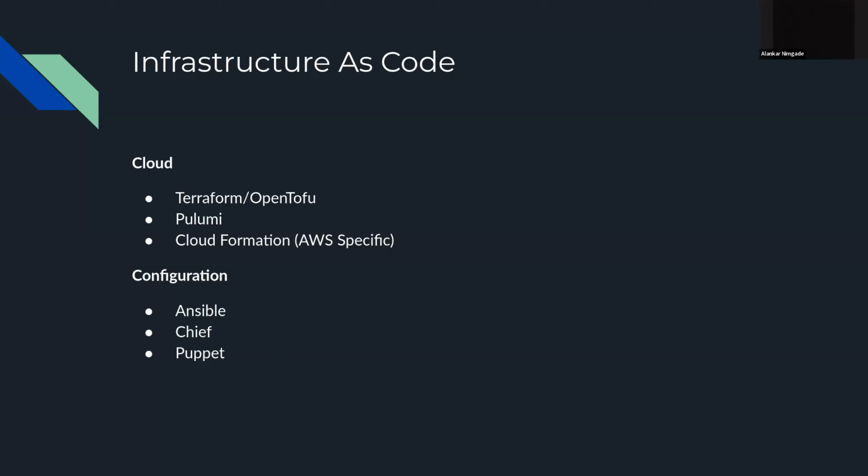Another use: you may have hundreds or tens of servers once you have created them, but you need to update them. With a manual approach, you would have to go into each server and update a specific piece of software. With configuration tools like Ansible, you can update all those hundreds of servers with one script.